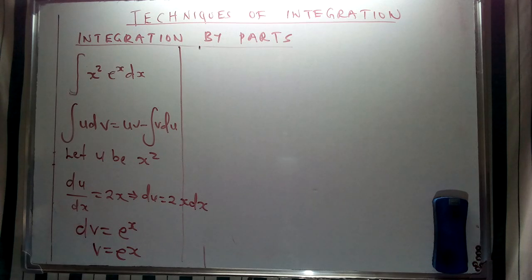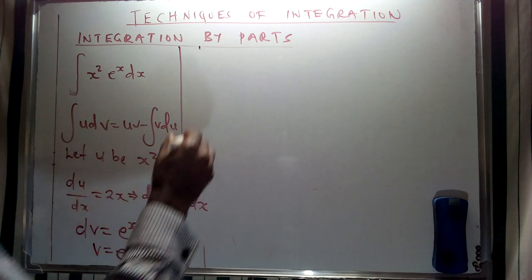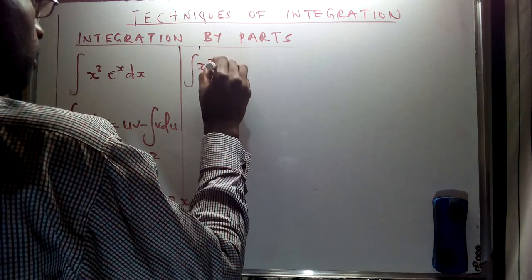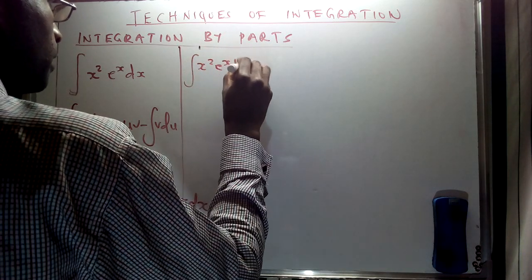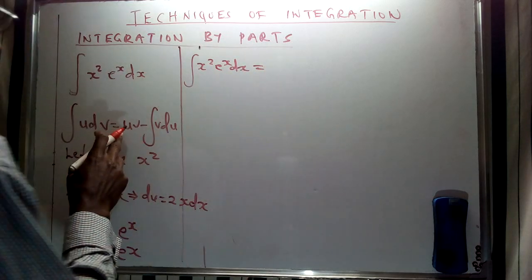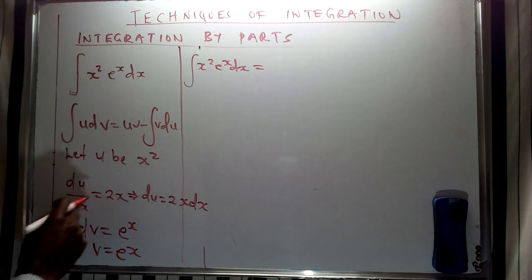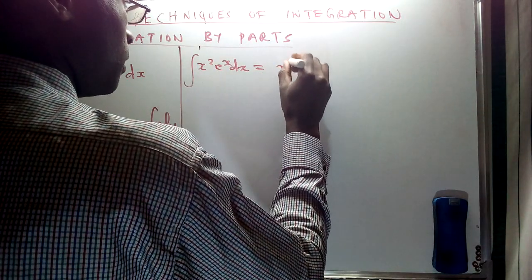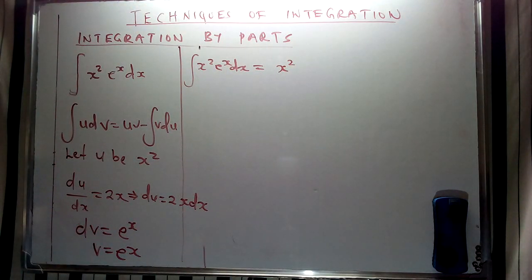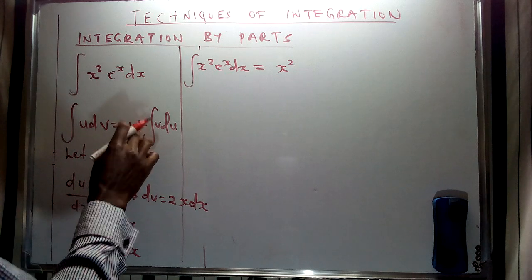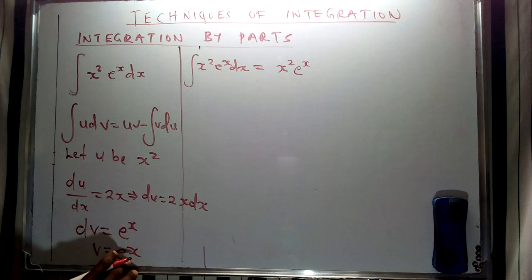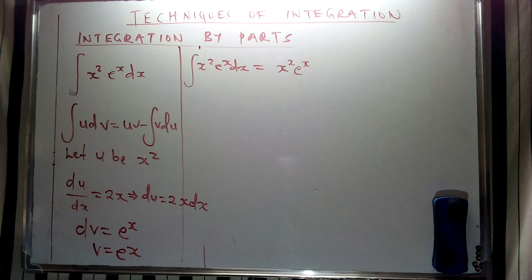So I'm just going to do a direct application of this formula, whereby I write it as the integral of x squared e^x dx, where u is x squared, and v is represented using e^x, as I've indicated in this particular section.